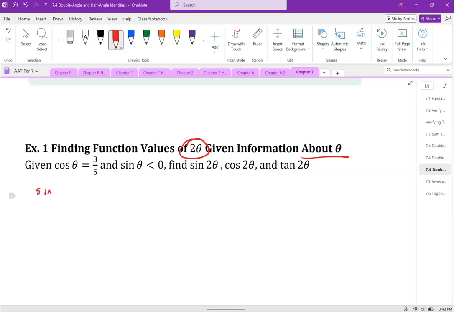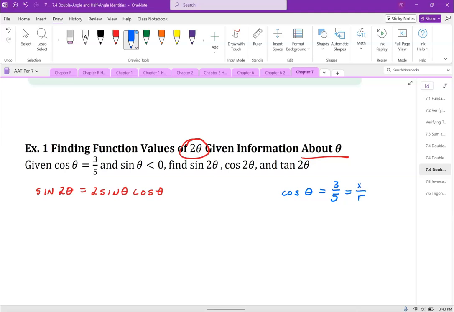So sine of 2 theta is equal to 2 sine theta cosine theta. We're already given cosine theta, that's the easy part. The harder part is I don't know what sine theta is, but we should be able to figure it out pretty quickly. Remember, if cosine of theta is 3/5, we know the formula: 3/5 means this is x over r.